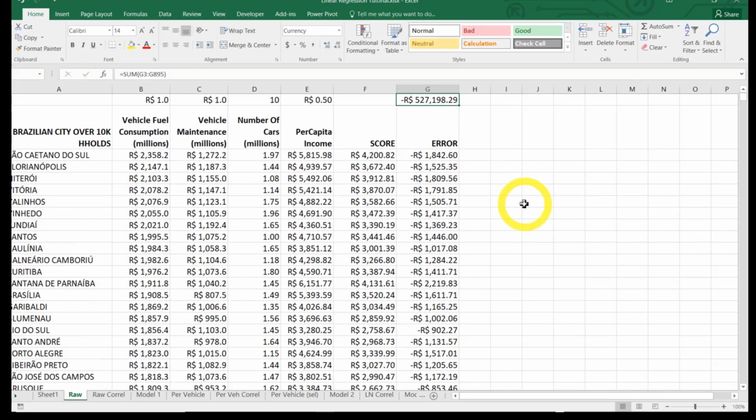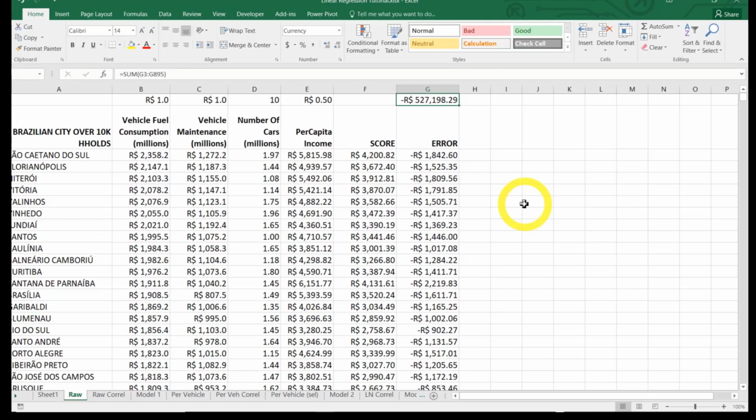Now, across all cities, I'm overestimating fuel consumption by 527 billion, right? Because every unit there is a million. I'm overestimating by 527 billion across all cities.